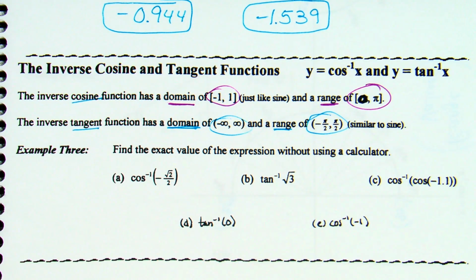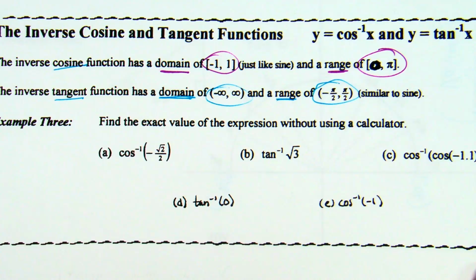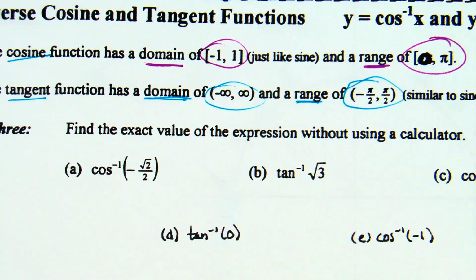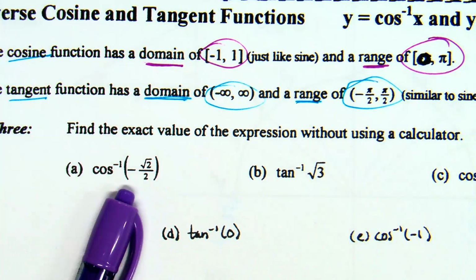Okay, guys. I want to try and get as many of these done as we can. If we don't finish them, we don't finish them, but, okay, focus. Cosine inverse of negative square root of 2 over 2. First of all, is that an appropriate domain entry?